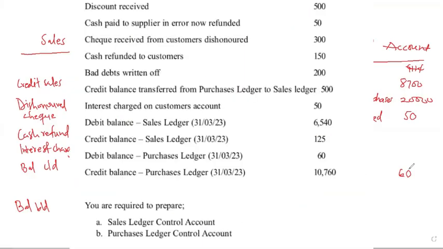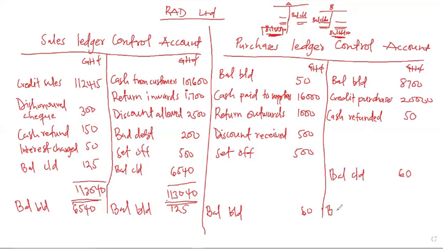Then the next one is a credit balance. As soon as you hear the credit balance, it means the balance brought down should be on the credit side. So the balance brought down is 10,760. When you are done with this, sum up the debit side and the credit side.